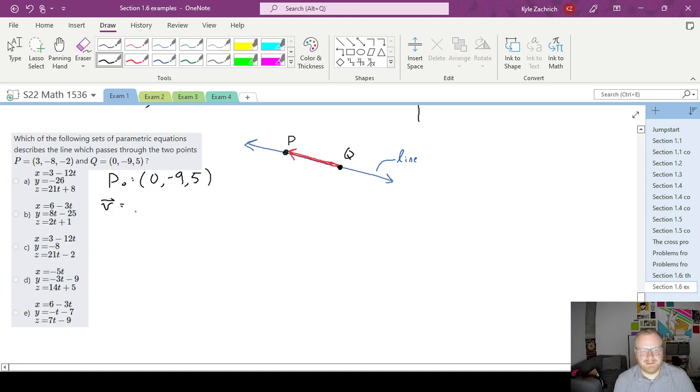Our direction vector is going to be equal to QP, which is going to be, let's see, P minus Q. So 3 minus 0, negative 8 minus parentheses negative 9, and negative 2 minus 5.